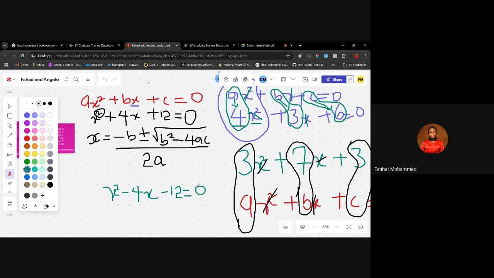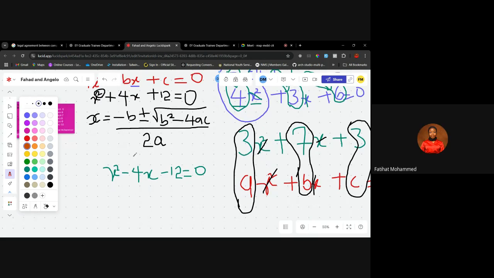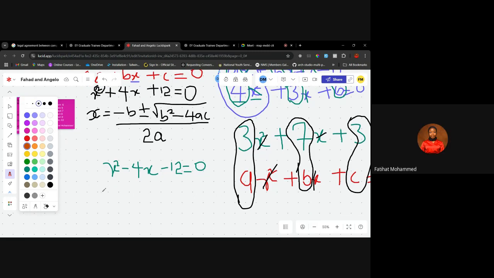Now, if I ask you to find a, b, c, the first thing you need to do is remember the general equation of a quadratic equation: ax squared plus bx plus c equals 0. Now we compare and contrast.